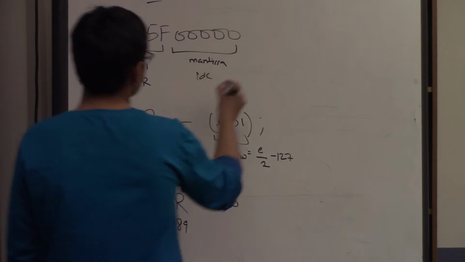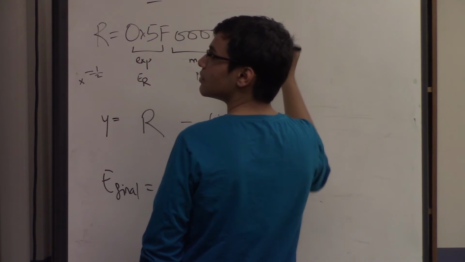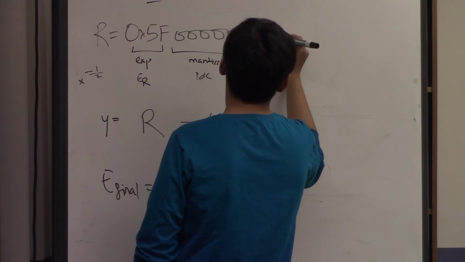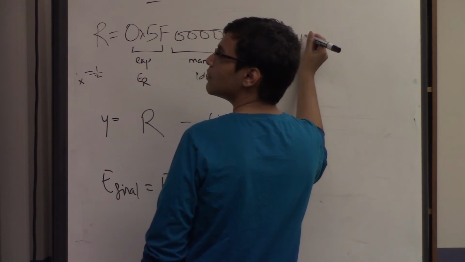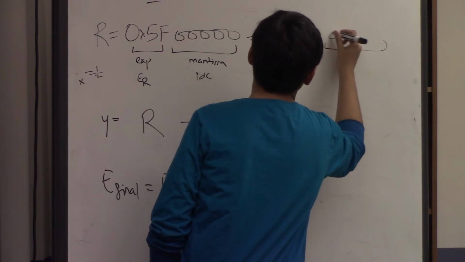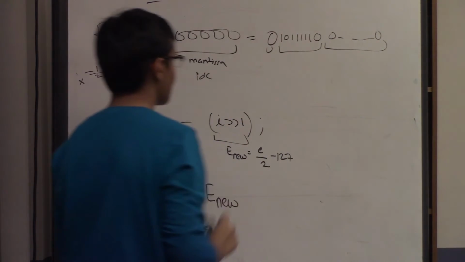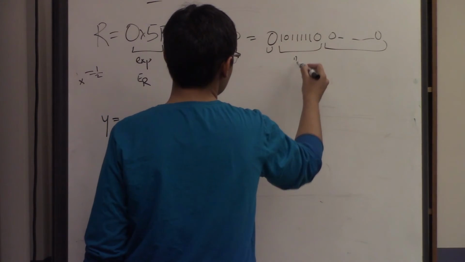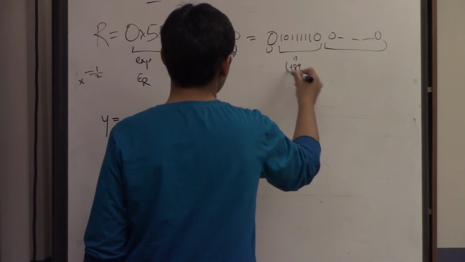I'm actually going to write this out here. 0, 1, 0, 1, 2, 3, 4, 5. These are all zeros. This part is equal to 189 in decimal.